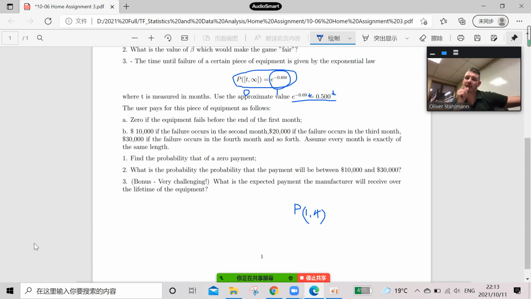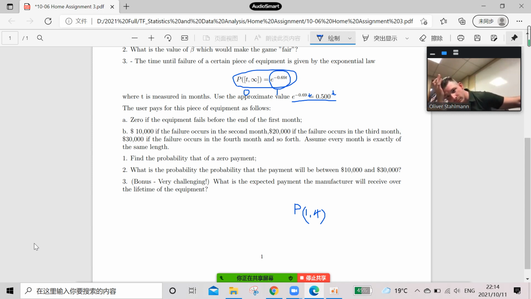So I think it's the cumulative probability of 10, 20, and 30. Oh, sorry, of 2, 3, and 4. I think you add up 0.5 squared plus 0.5 cubed plus 0.5 to the fourth. What do you think, Victor? It could be the case.